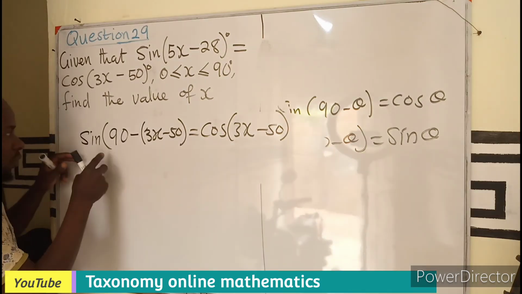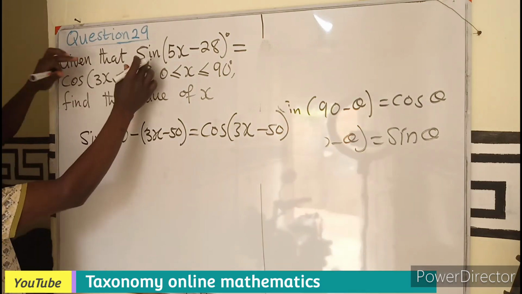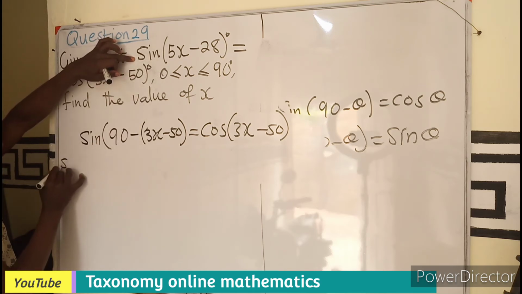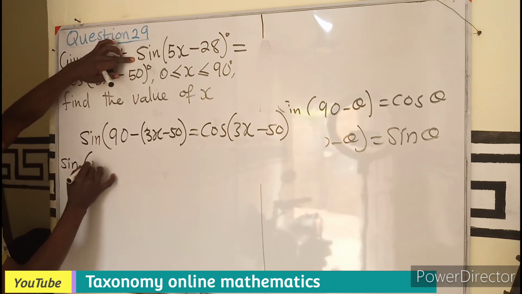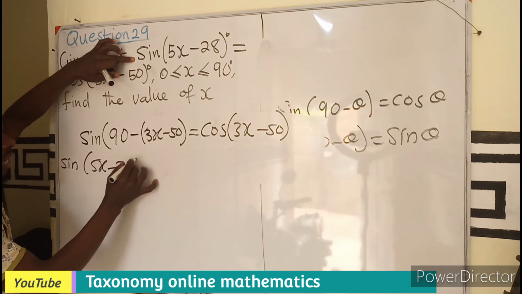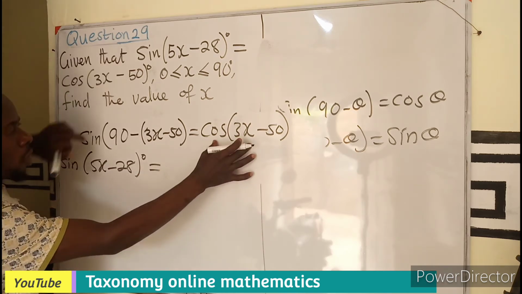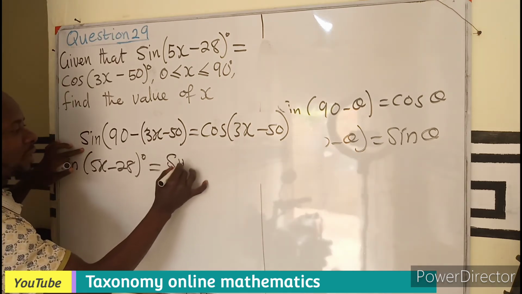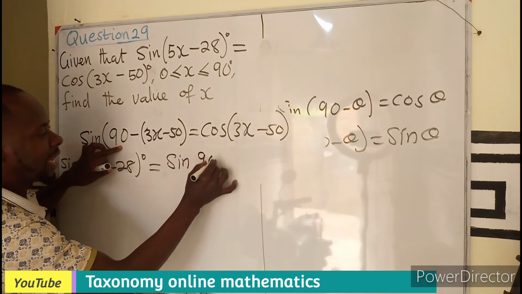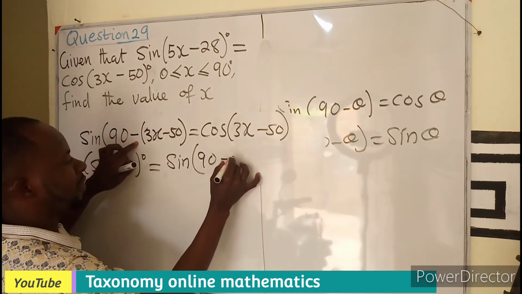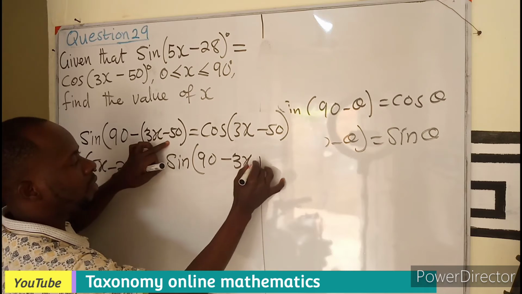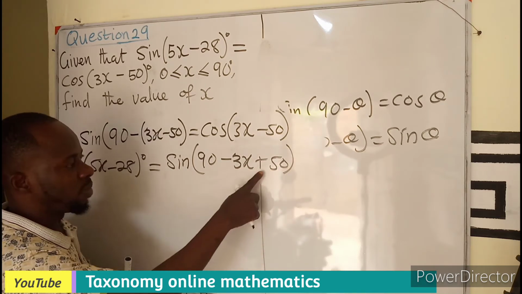If I see that, which is the same as this, I replace it with this. So from our equation, this is going to be sine of 5x minus 28 degrees equals cos, which is now the same as sine of 90 minus (3x minus 50). I believe you know it's plus 50.